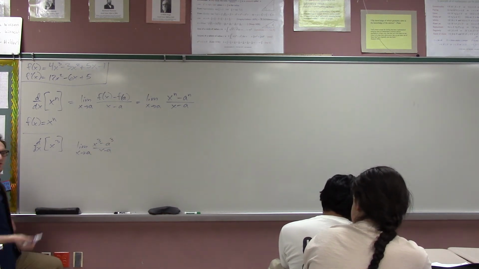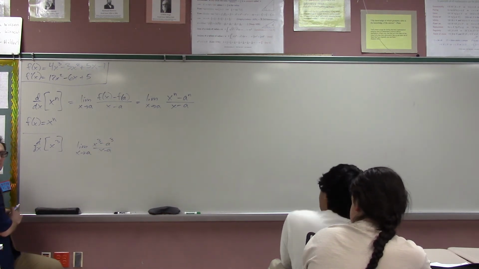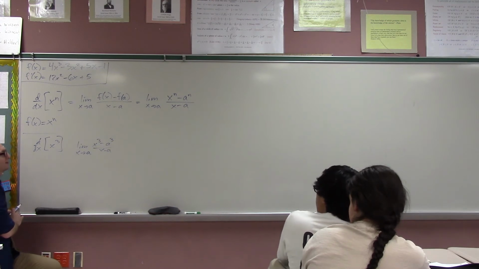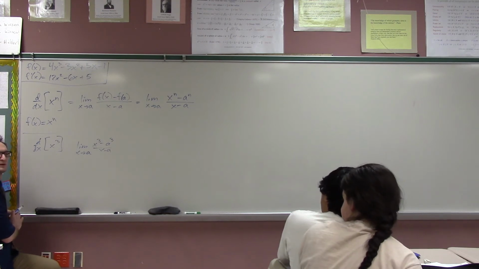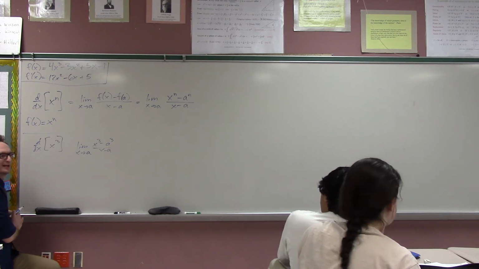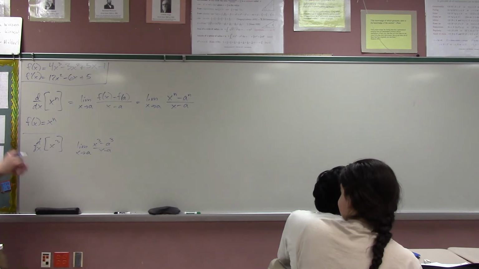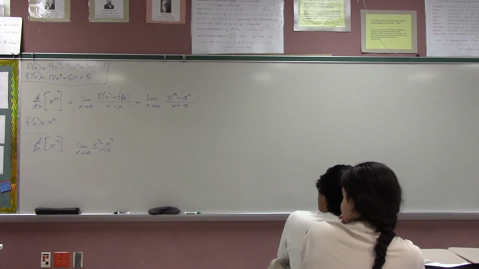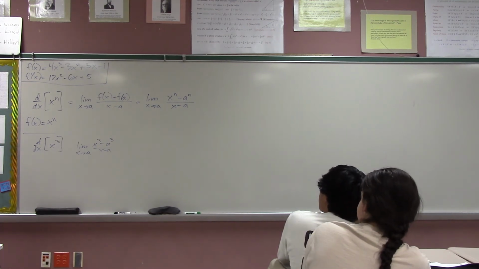We've done problems like this, and then what do you do? You factor out the x minus a and you cancel and hopefully it all works out. Are you saying we should do that here? You'll end up having a factor that's x minus a because it's a difference. So even if it's a difference of squares, it'll still work.